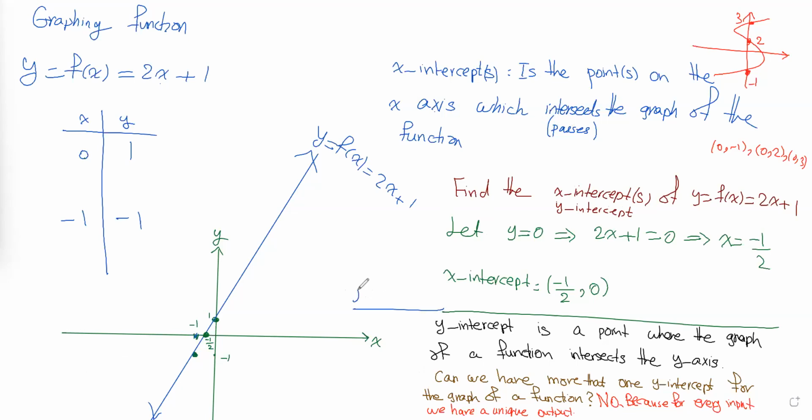So you get y equal to 2 times 0 plus 1, which means it is 1. So our y-intercept, as you can see from this graph as well, is the point (0, 1). Your x-intercept is (-1/2, 0), and your y-intercept is (0, 1).